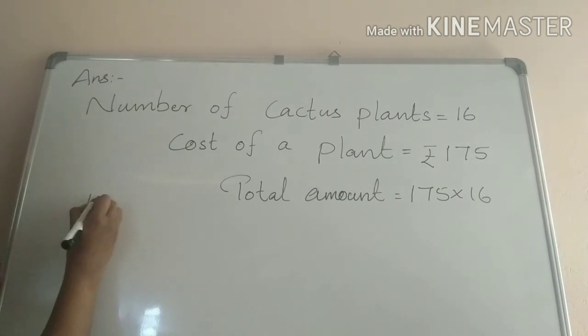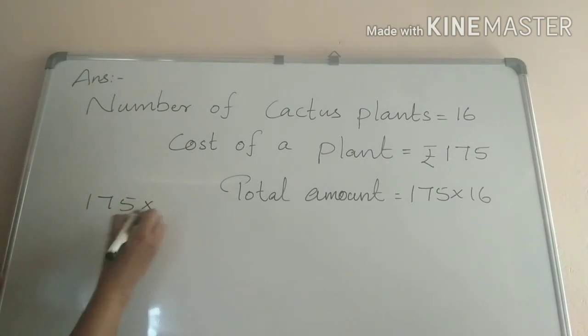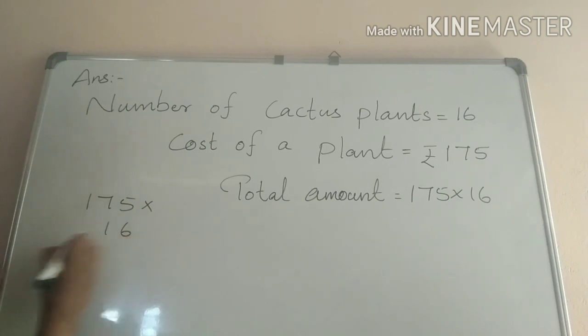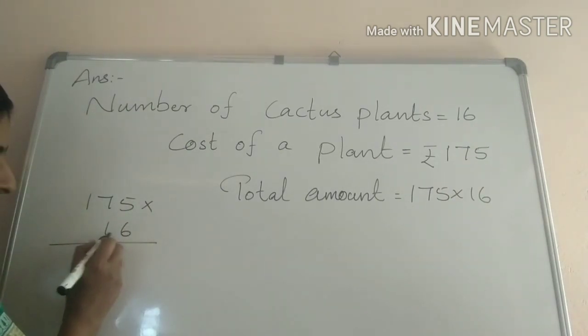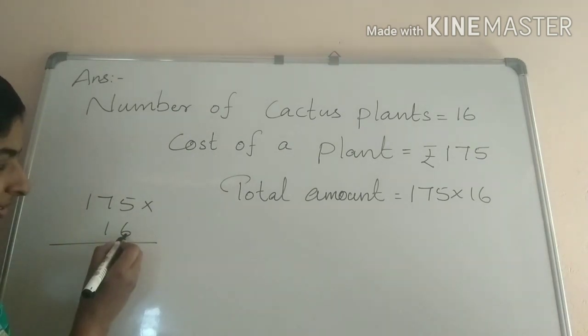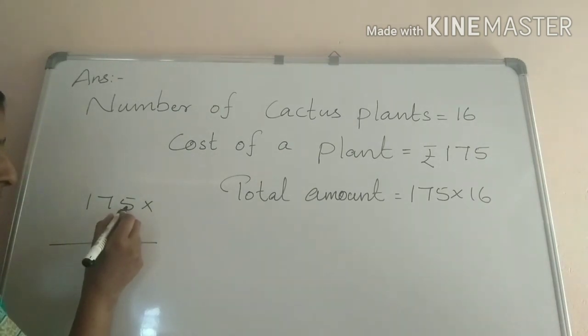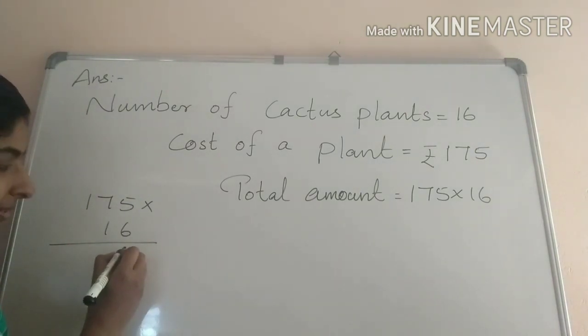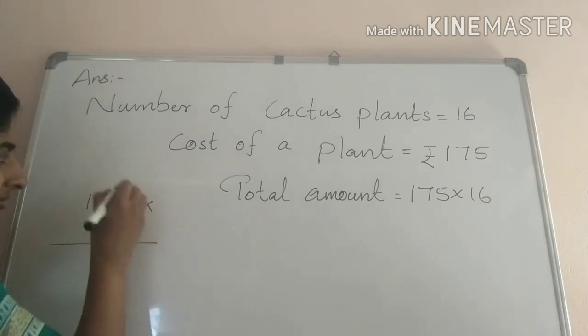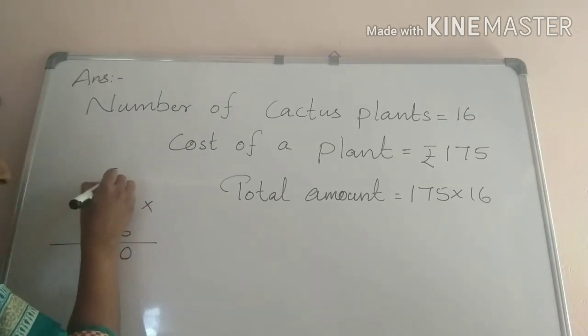Okay. So 175 into 16. 175 is the multiplicand, 16 is the multiplier. In the multiplier, this first number 6 into, in the multiplicand, this first number 5. 6 into 5, 6 fives are 30, 0, 3 is balance.